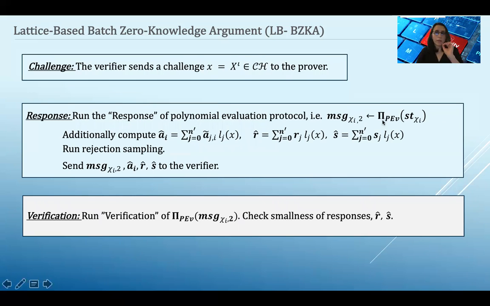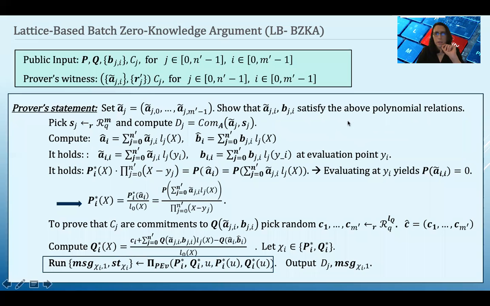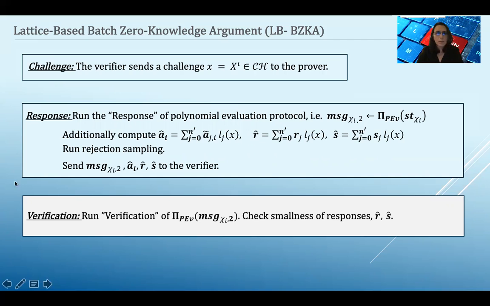Again, now running the polynomial evaluation protocol on the state, including the challenge, and the output will be denoted by message 2. Here it denotes that this is done for each of the two polynomials, Pi star and Qi star.